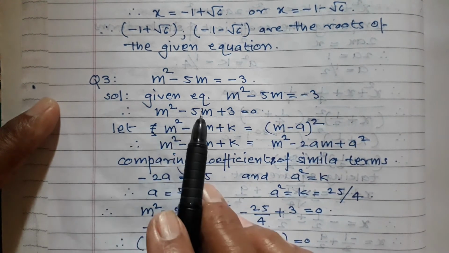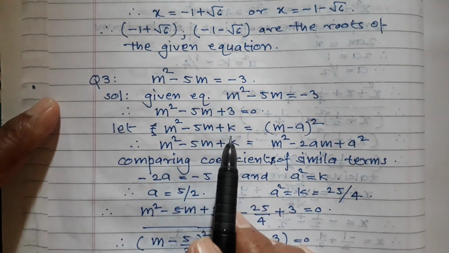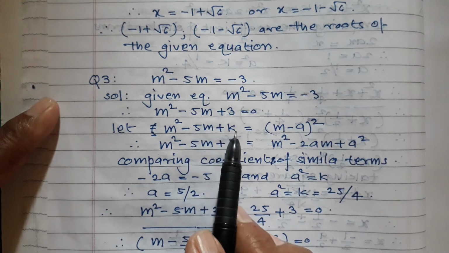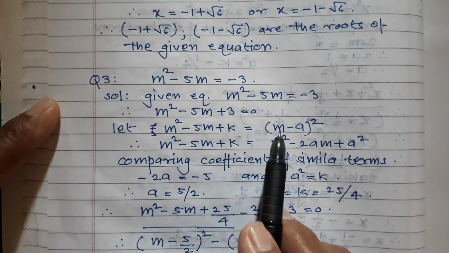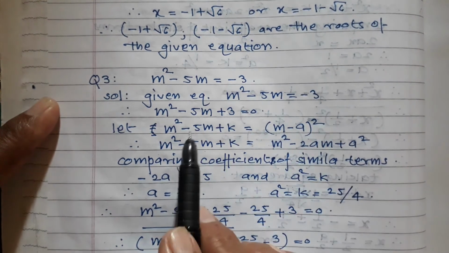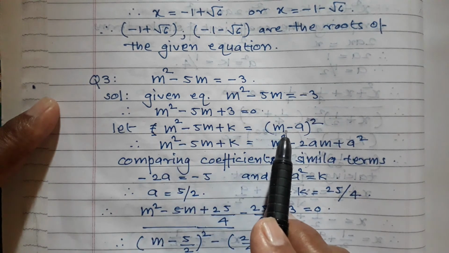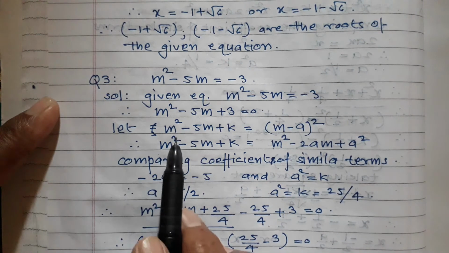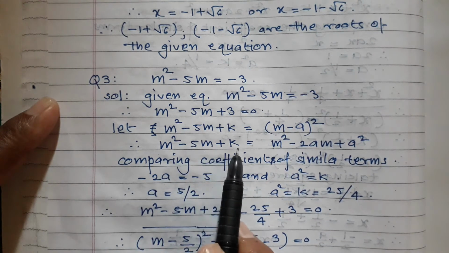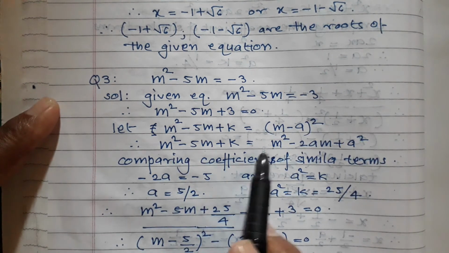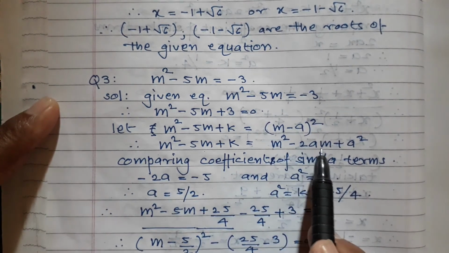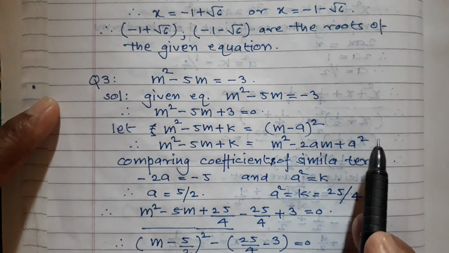Let m square minus 5m, for this you write down k, m square minus 5m plus k is equal to m minus a square. This minus sign is there now, therefore here you take m minus a, and therefore m square minus 5m plus k is equal to, write down expansion of this, m square minus 2am plus a square.